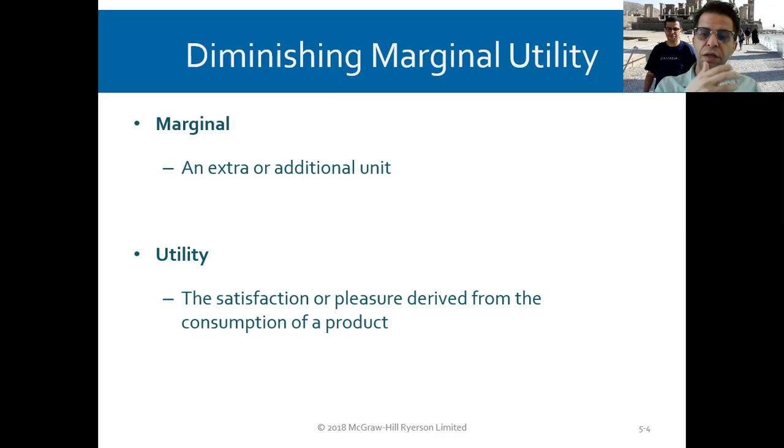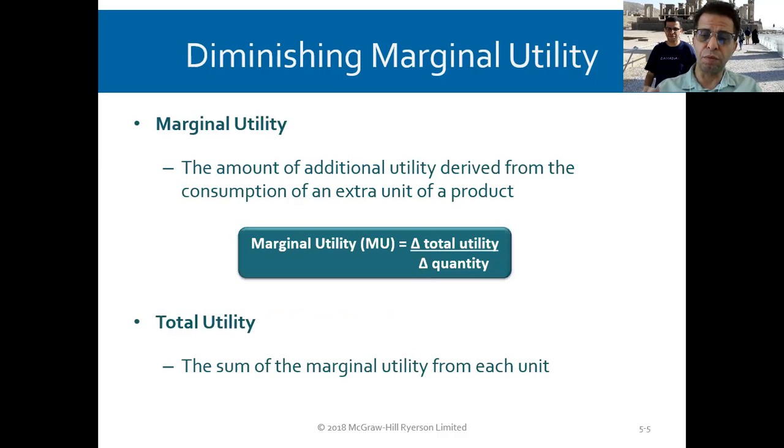If you have 5 units, and then suddenly you get 6 units, that 1 unit is the marginal. Utility is the satisfaction or pleasure derived from consumption of a product. We spoke about the hamburger. The marginal utility is the amount of additional utility derived from consumption of an extra unit of a product.